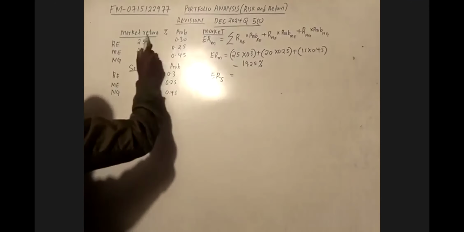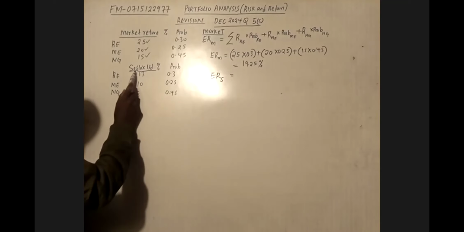This M is for market return, but S is for Suffolks.